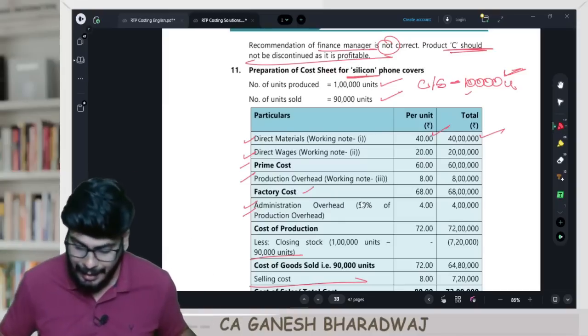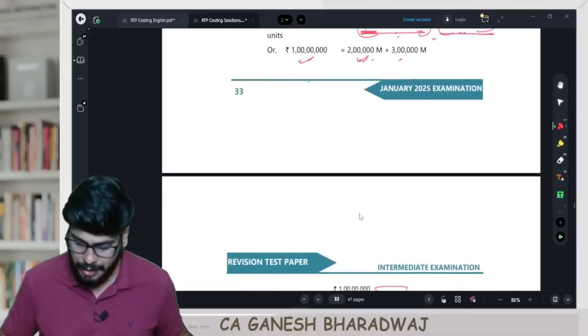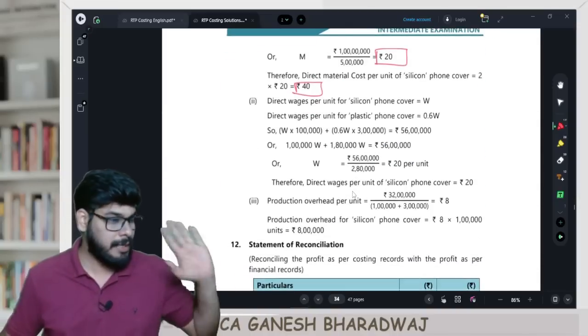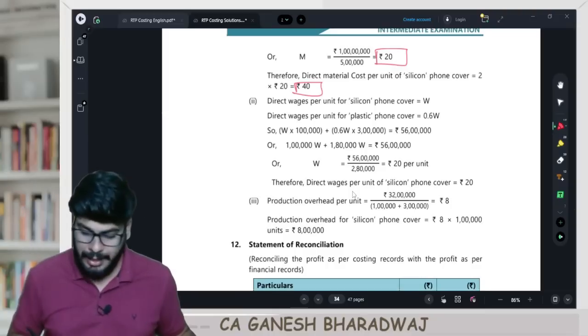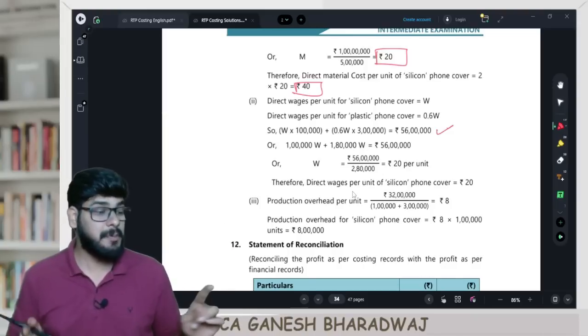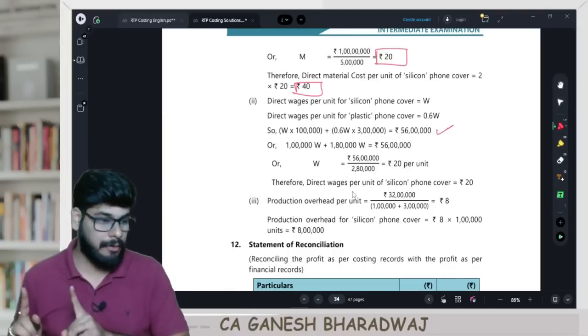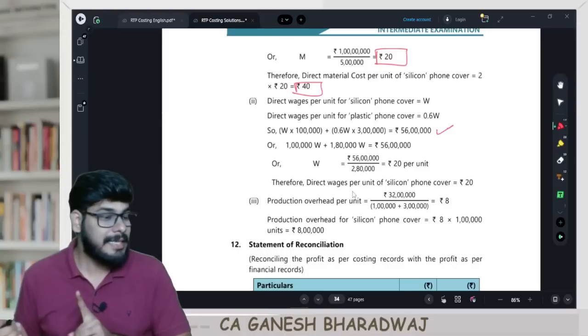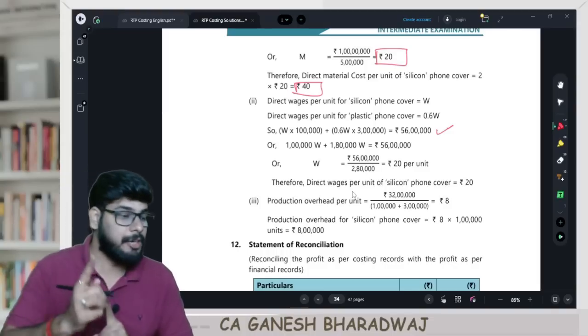Next, direct wages. What have they given in the question? The total direct wages is 56 lakhs. They have also given that the direct wages per unit of plastic phone cover is 60% of that of the silicone phone cover.